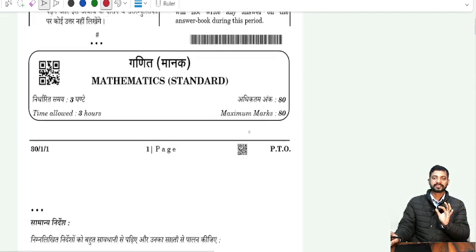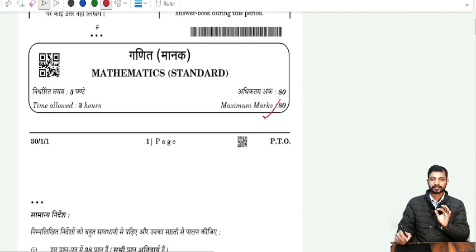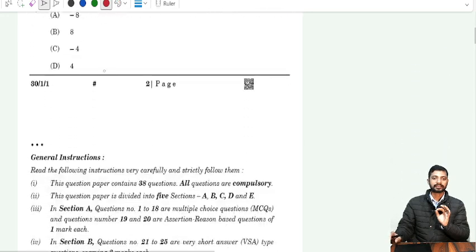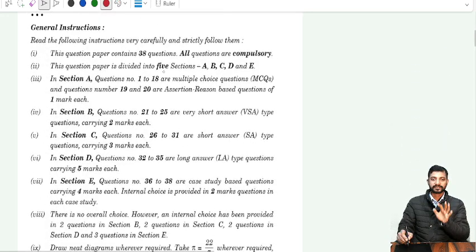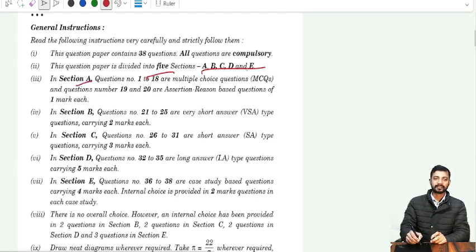Here you can see there are total 80 marks, 3 hours, and all these questions are divided into 5 sections, and each section has its own weightage and its own type. For example, section A is MCQ, section B is very short answer type questions, C is short answer, D is long answer, and E is case study based.